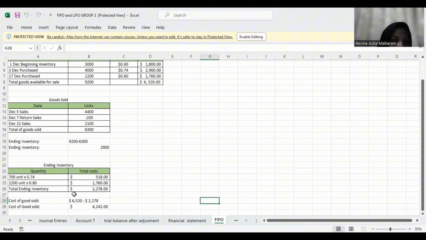So the total ending inventory is $2,278. So cost of goods sold is the total goods available for sale minus ending inventory. We get 4,242.